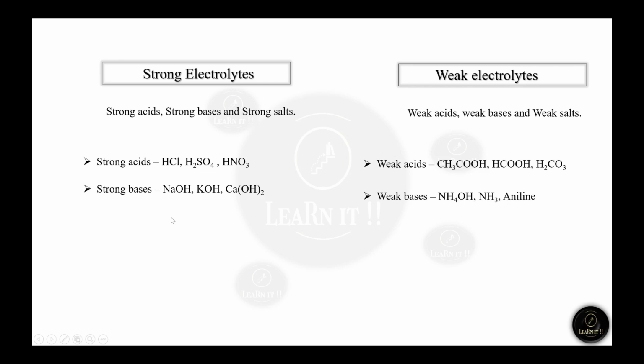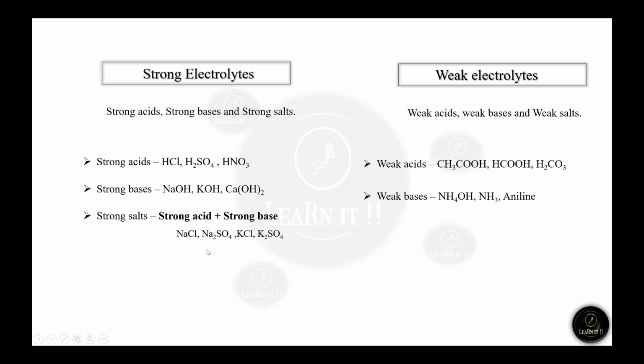With respect to salts, strong salts are made up of a strong acid and a strong base. For example, the salt made from HCl and NaOH is a strong salt, that is NaCl. Likewise, sodium sulfate, potassium chloride, potassium sulfate are all salts of strong acid and strong base.